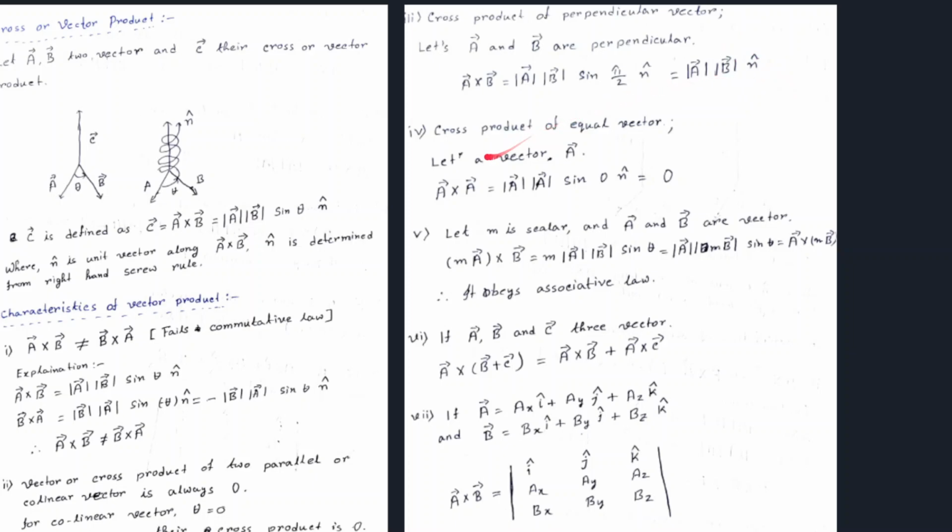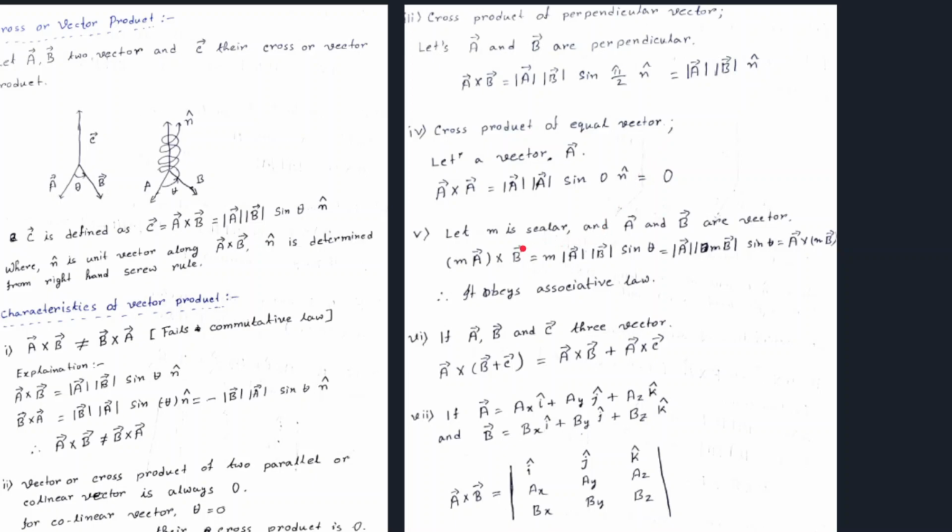Cross product of equal vectors: let a vector A cross A is equal to mod of A into mod of A sine 0. Basically two equal vectors have the same direction, which means the angle between them is 0. We already know that for collinear or parallel vectors the cross product is 0. So for two equal vectors, the cross product will always be 0.